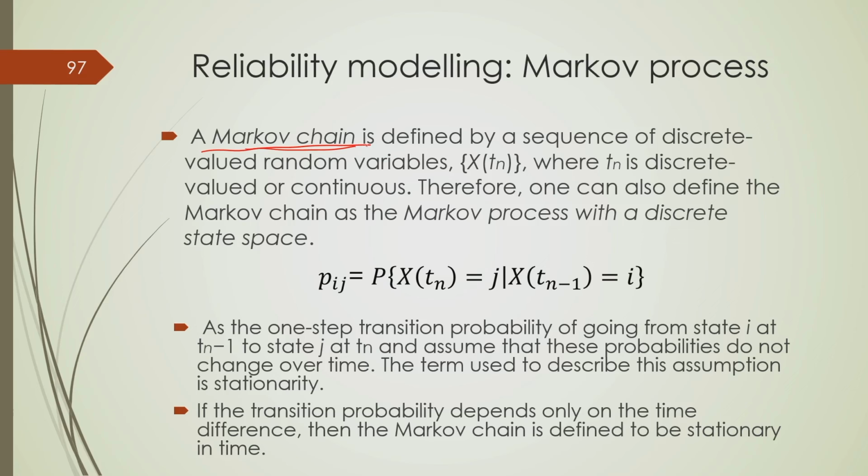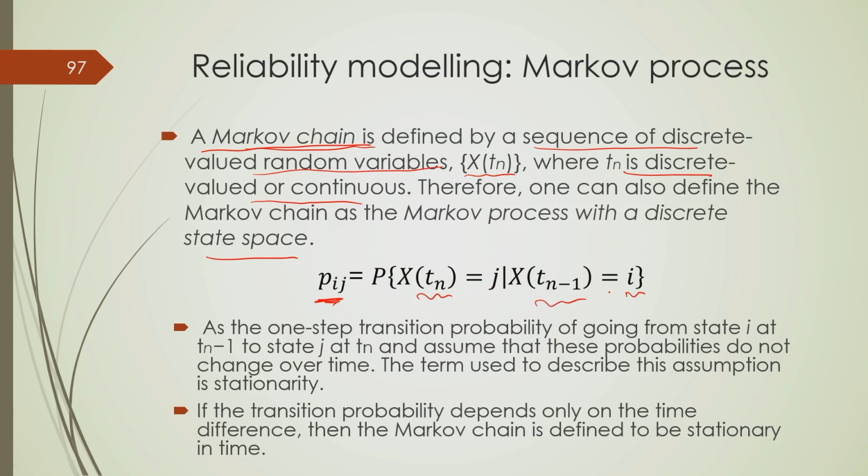So, he defined this concept called Markov chain, which is defined as a sequence of discrete value random variables, represented by x(t_n), where t_n is discrete or continuous. Therefore, one can also define the Markov chain as a Markov process with discrete state space, where p_ij is equal to the probability of having the system at j at t equal to t_n, provided that it was at state i at t equal to t_(n-1).